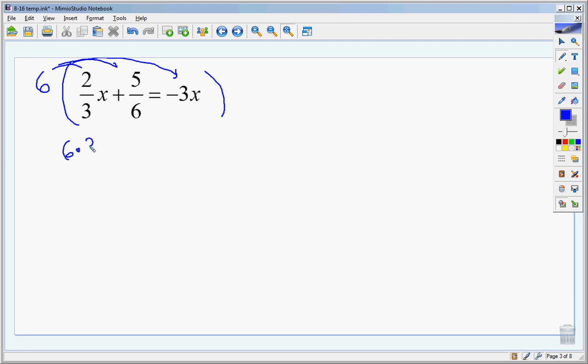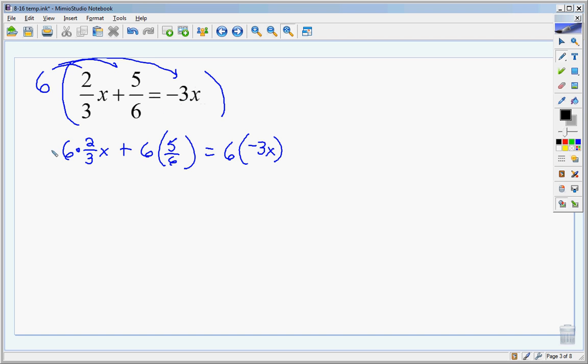I'm taking 6 times 2/3 x plus 6 times 5/6 equals 6 times a negative 3x. Normally, I would just skip that step. I've kind of shown it here by putting that 6 out in front.